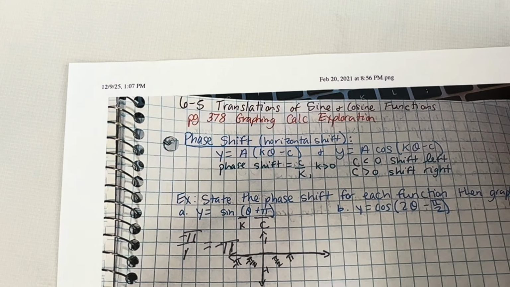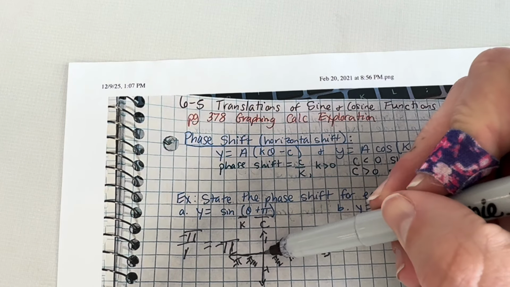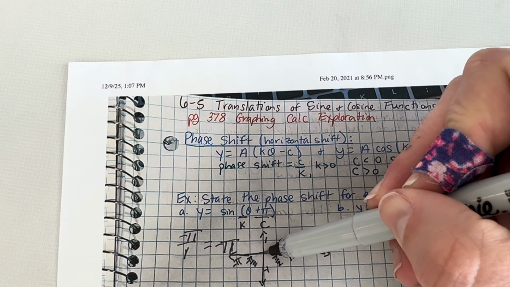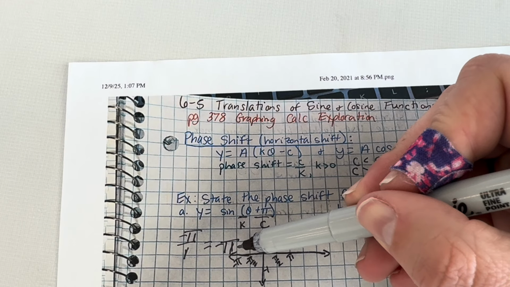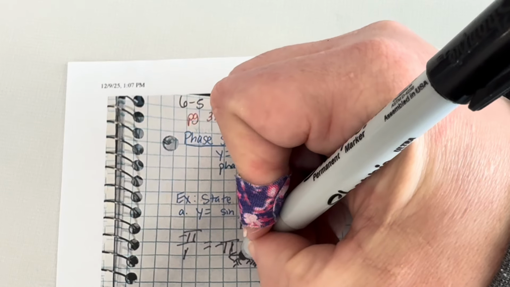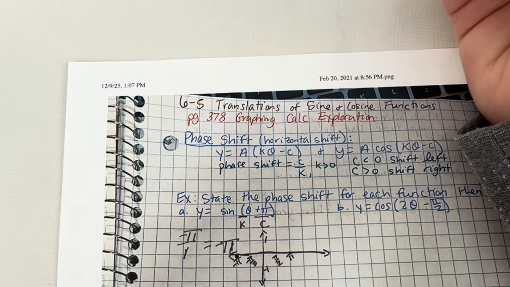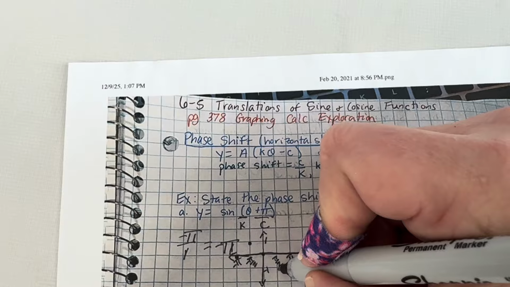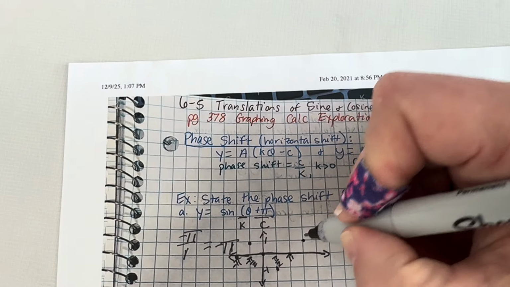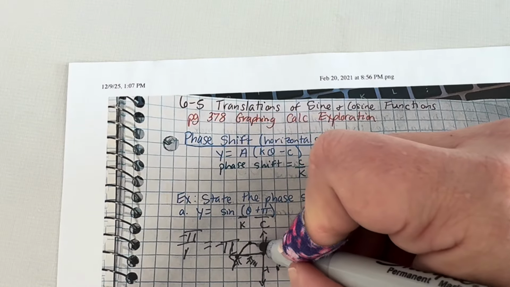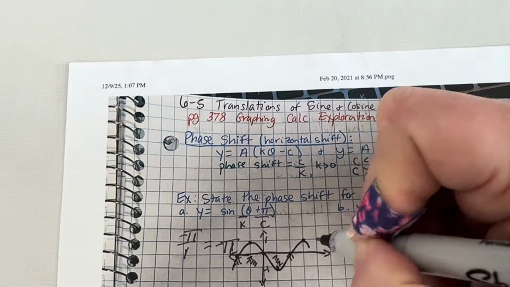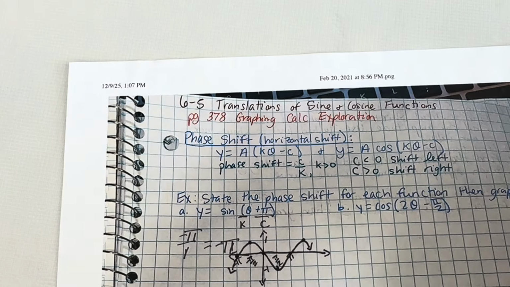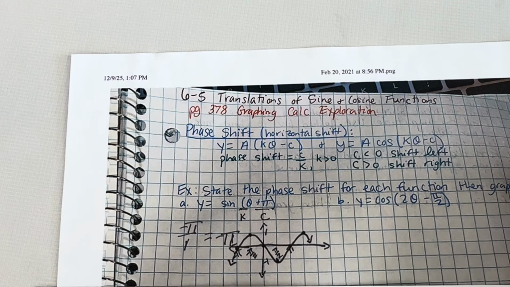So my sine graph, instead of being where it normally starts here at 0, this negative pi is telling me I'm going to shift my starting point to this location, and now I'm going to do my normal sine, which goes up, down, back around. All right, so there is my sine graph.